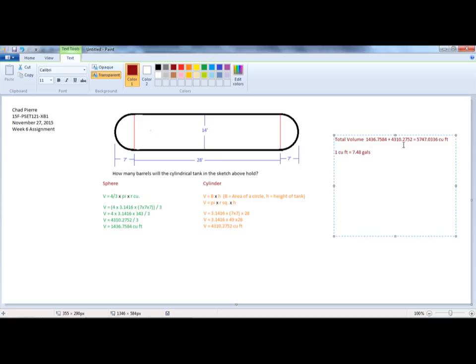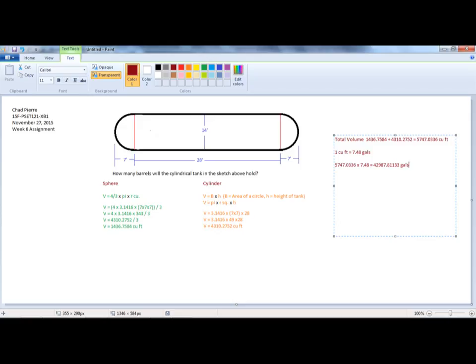We multiply 5,747.0336 times 7.48, and that gives us how many gallons this tank can hold, which is 42,987.81133 gallons.